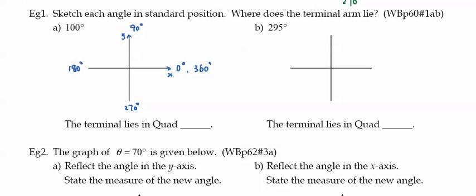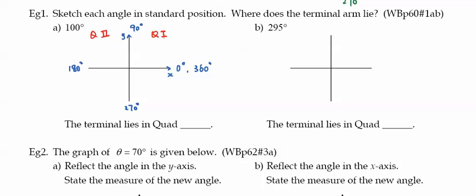If you were to sketch the angle that has a measure of 100 degrees, your terminal arm would definitely stop somewhere in quadrant number 2. Quadrant number 1 will give us angles from 0 to 90.